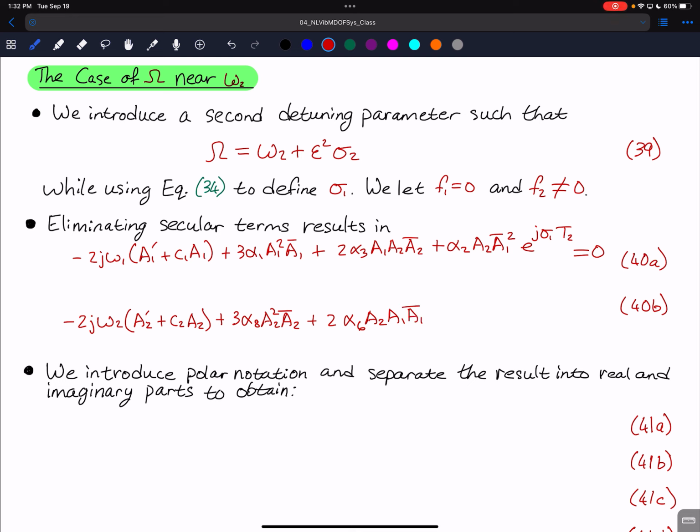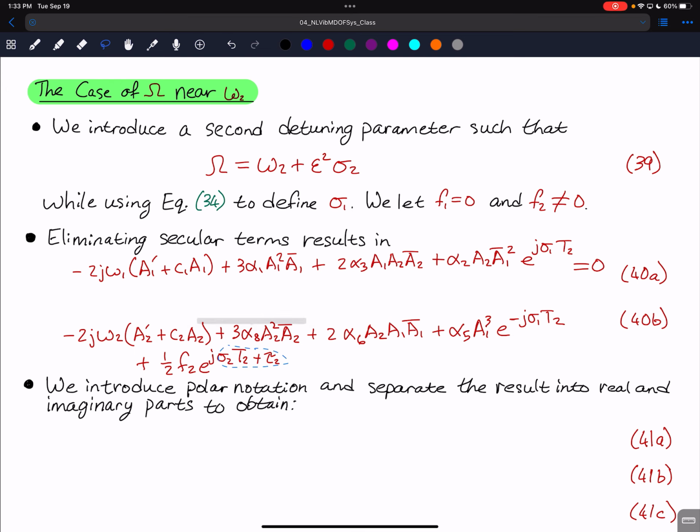Then plus alpha 5 times a1 cubed times e to the minus j sigma 1 t2 plus 1 over 2 times f2 in this case times e to the j sigma 2 t2 plus tau 2. And that j multiplies this whole thing. And that is equal to 0.